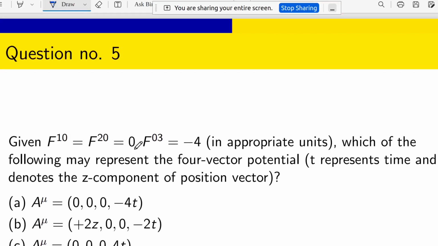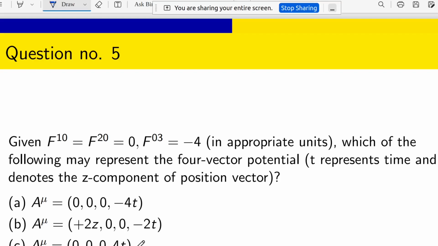Okay, so coming to the next question. Given F10 equals F20 equals 0, F30 equals minus 4 in appropriate units, which of the following may represent the 4-vector potential, where t represents time and z denotes the z component of the position vector.